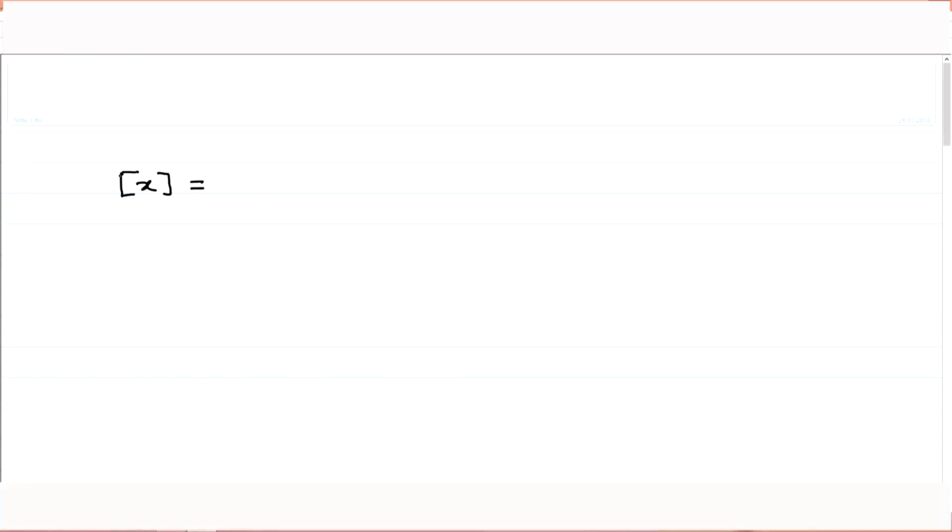I denote the greatest integer function by the symbol box x. It is defined by n when n is less than or equal to x, less than n plus 1, and n belongs to the set of all integers.